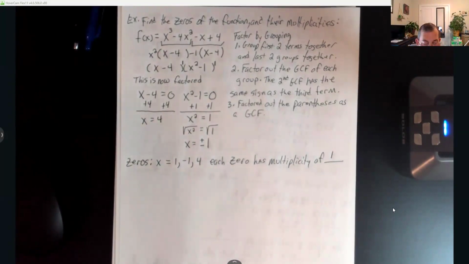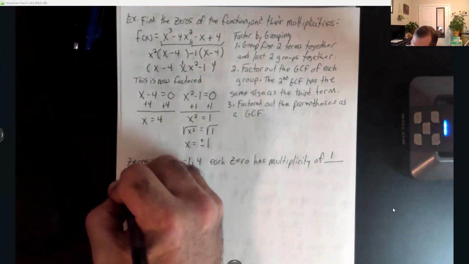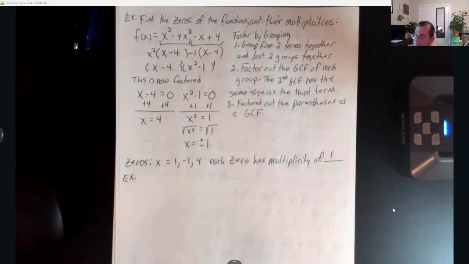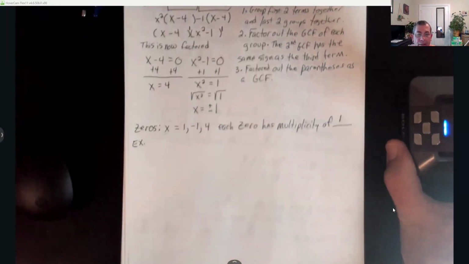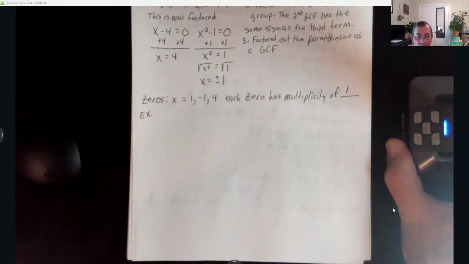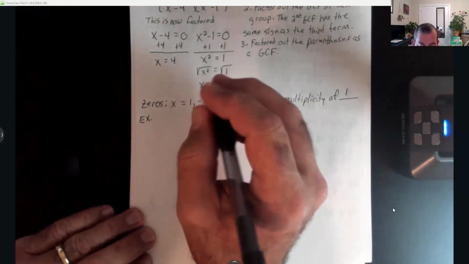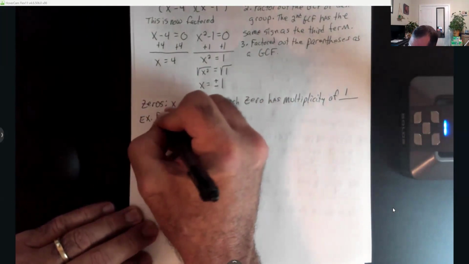All right, y'all. So that's the trick on those. All right, y'all. So I'll do one more of these and then we'll knock out our break. How about that? All right, y'all. So I'm going to do the same thing. Find the zeros and their multiplicity.